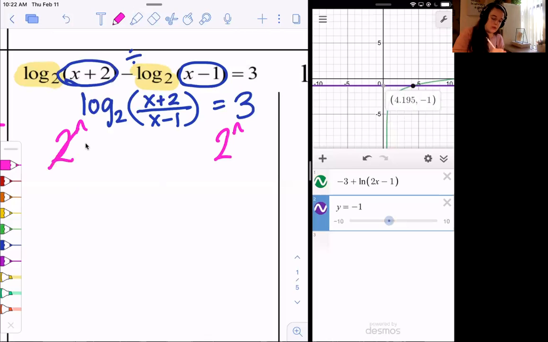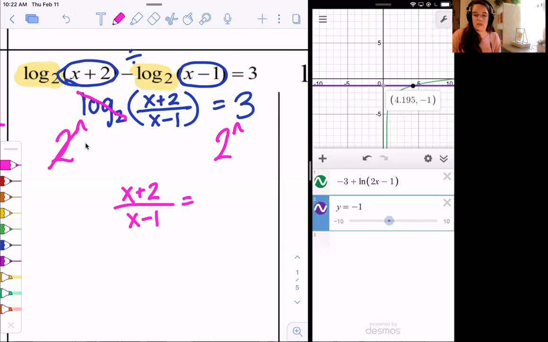So my 2 and my log base 2 will cancel and leave me with x plus 2 over x minus 1 equals, Jimmy, what's 2 to the third? 8. 8, yes, 8, like that.